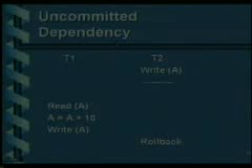T1 has read the value of A which was a ghost value, which was never in existence, right? So in the uncommitted dependency, T1 has read a value which was not committed, and that's why this kind of problem can occur.